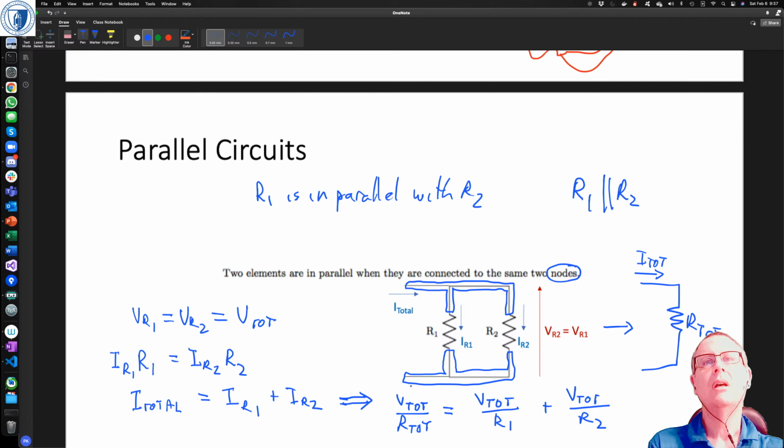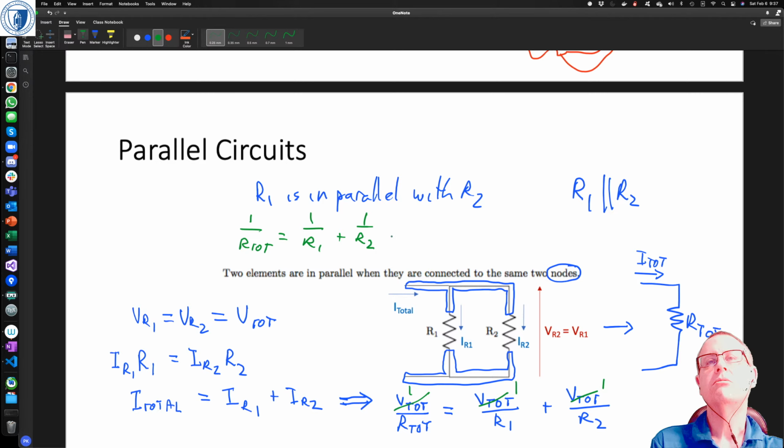Then I can cancel out the V totals, and I get the equation 1 on R total equals 1 on R1 plus 1 on R2.